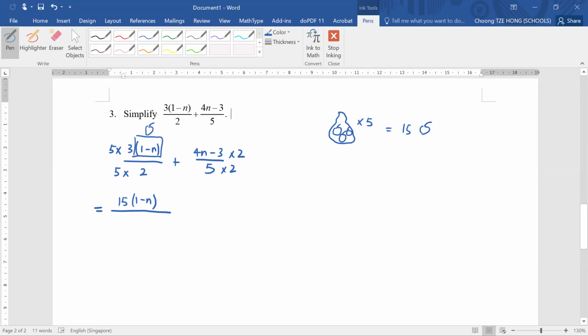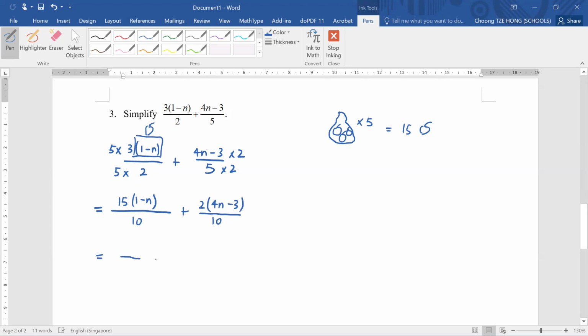You don't multiply to the inside of the bracket as well. If not, you will be double multiplying. You'll be multiplying by 5 two times, which is 25, right? So 15 times 1 minus n over 10 plus 2 times 4n minus 3 over 10.